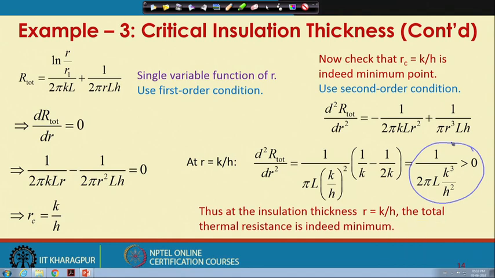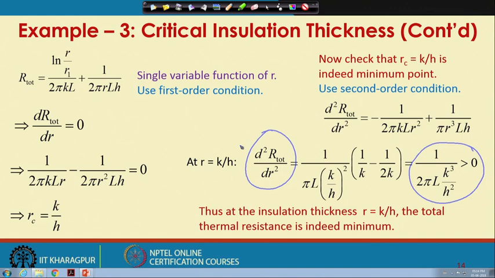Please note that this term is always positive, because it involves pi, which is always positive. It involves L, which is the length of the pipe, which is always positive. It involves k cube, where K is thermal conductivity, always positive, and heat transfer coefficient H is always positive. So, the second derivative is always positive.